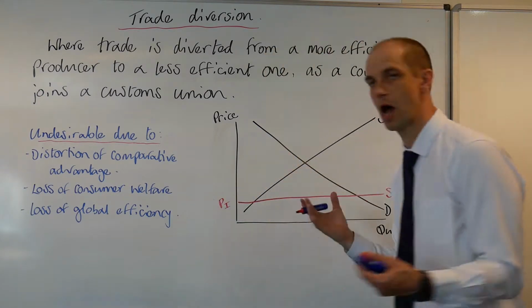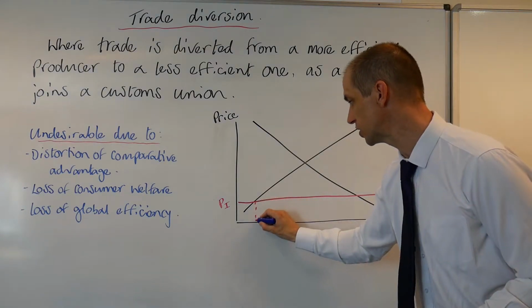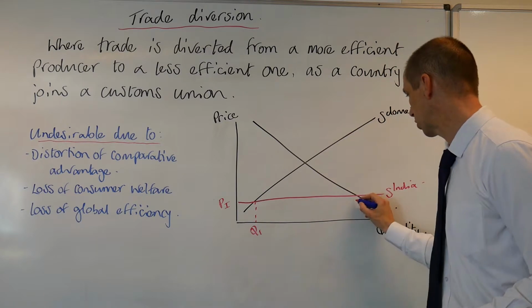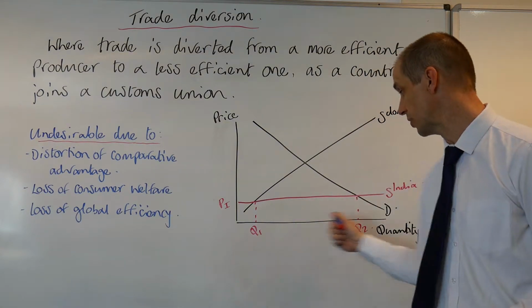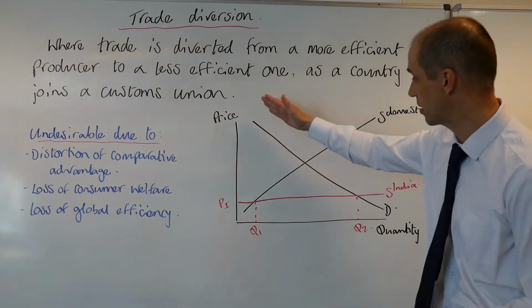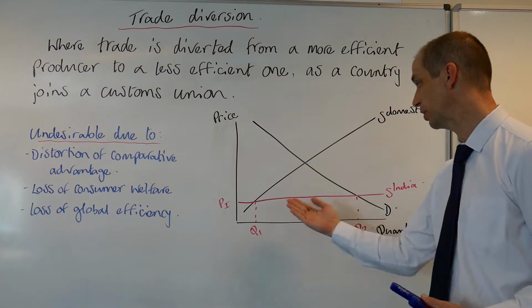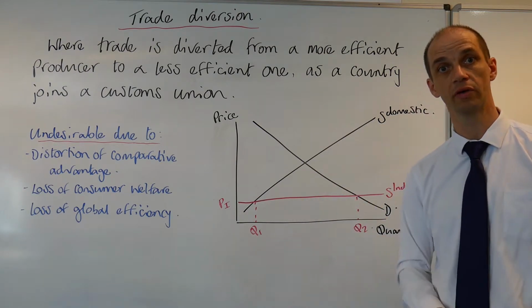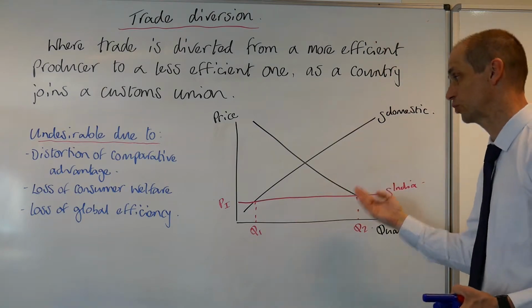Okay, so we've got PI as our price level of Indian goods. We can see that we've got Q1 right through to Q2, which would represent the actual imports. We can see a very, very large area of consumer and economic welfare being generated as a result of this international trade.